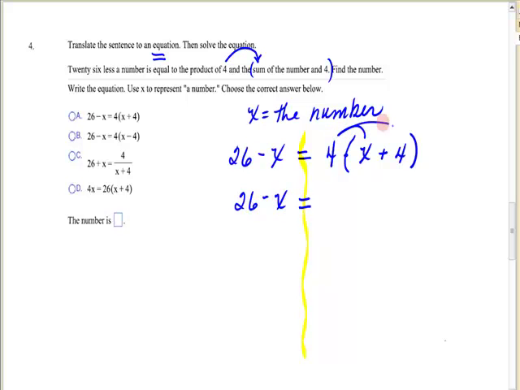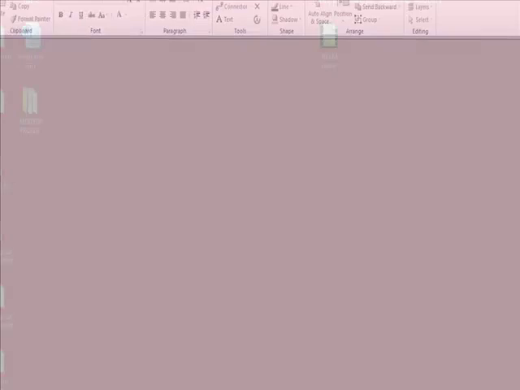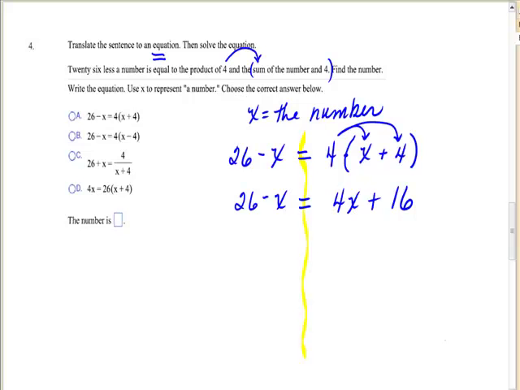I can use the distributive property over here. 4 times x is 4x. 4 times 4 is 16. Do I have x's on both sides? Yes. I need to get rid of one of them. I'm going to get rid of the smaller one, and minus implied 1x is the smaller.